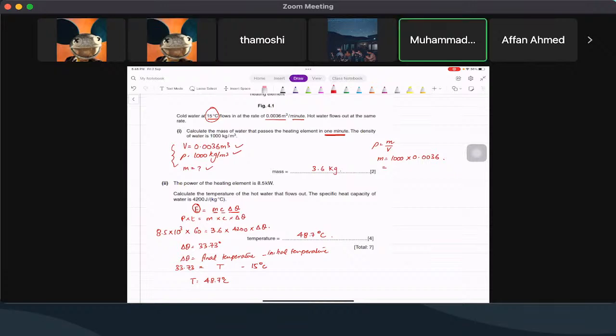Yes, sir. Sir, do we always change minutes to seconds? Yes, especially if you see watts, because watt is an SI unit and seconds are also an SI unit. You cannot put it in minutes.